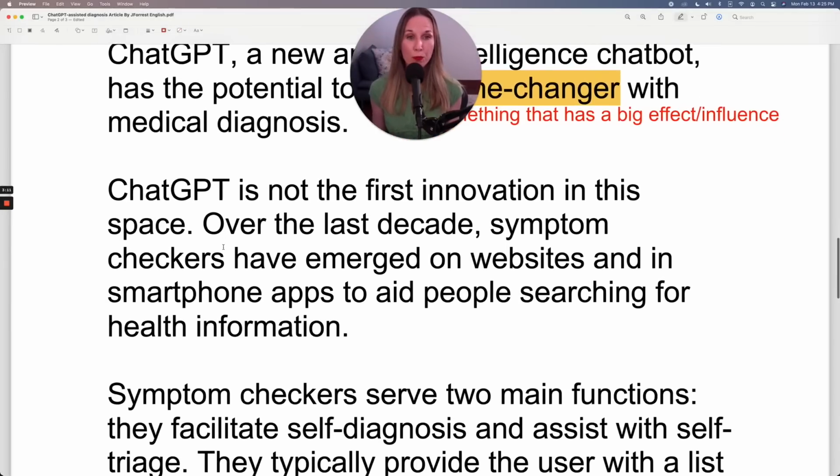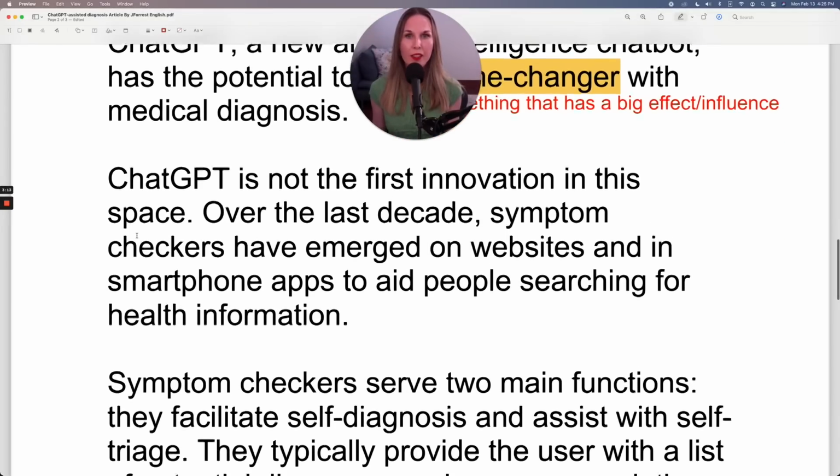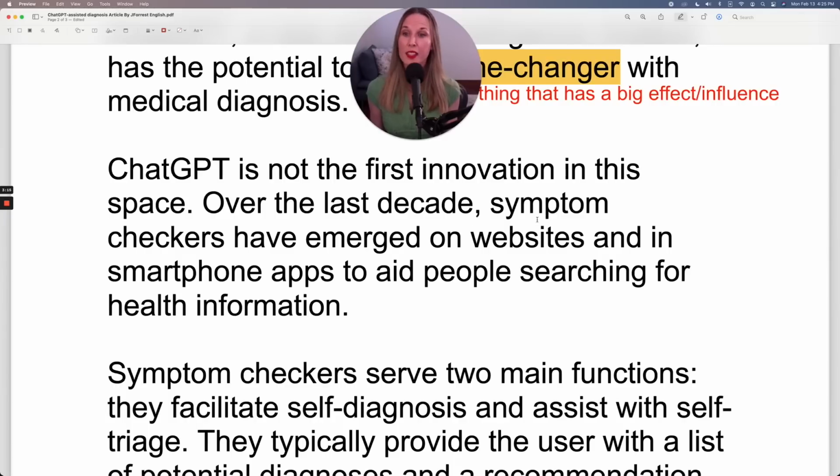ChatGPT is not the first innovation in this space. Over the last decade, symptom checkers have emerged on websites and in smartphone apps to aid people searching for health information. A symptom checker is just a platform where you can check to verify your symptoms.